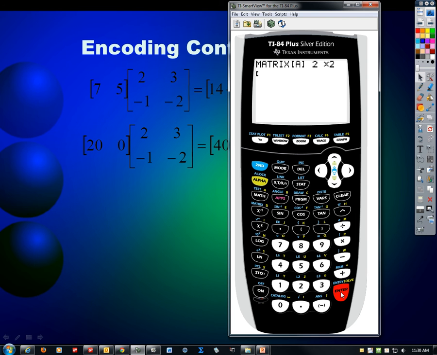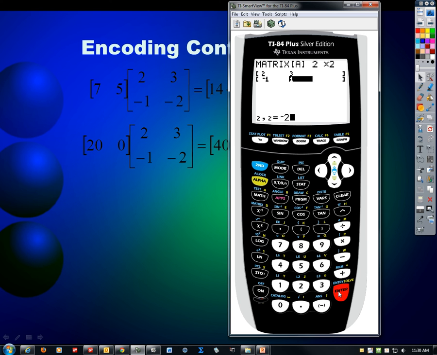Edit matrix A to be this matrix: 2, 2, 3, -1, -2. That's our encoding matrix. Okay, so there's matrix A.